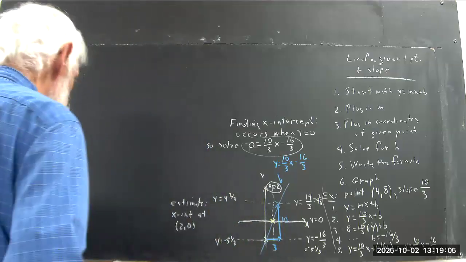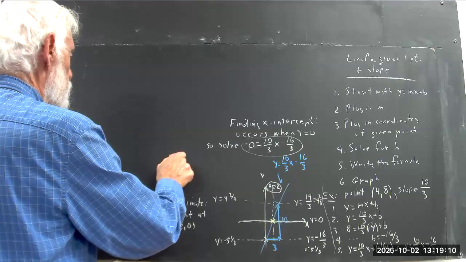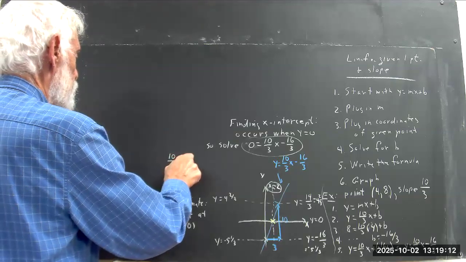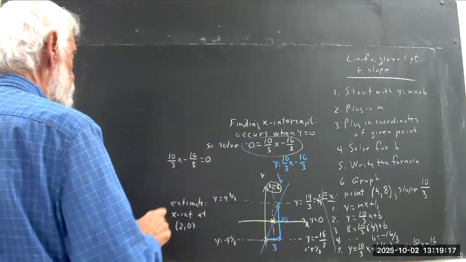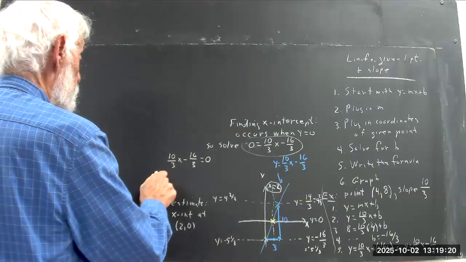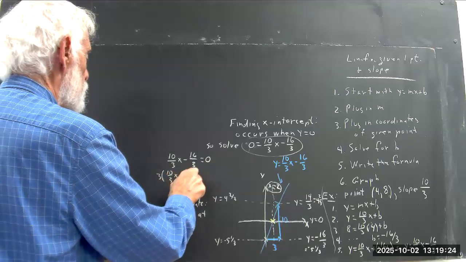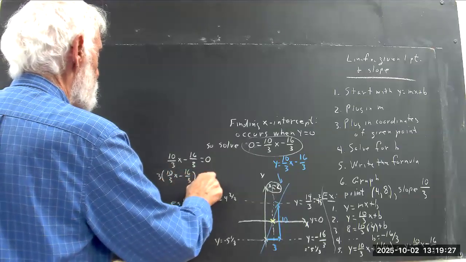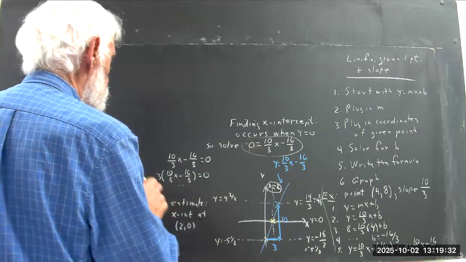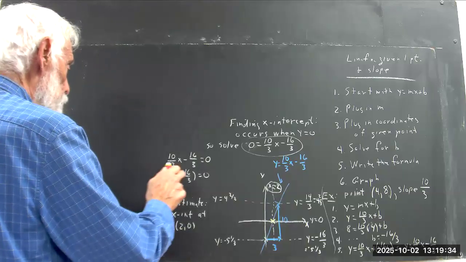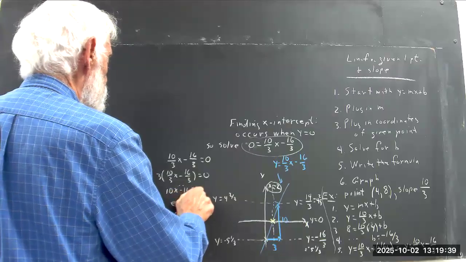Well, if we do that, I have to write the equation here, and I'm going to write it 10/3 x minus 16/3 equals 0, and multiply both sides by 3. If I put a few dots here, you have to use the distributive law, 3 times this and 3 times this. But that's going to give us 10x minus 16 equals 0.